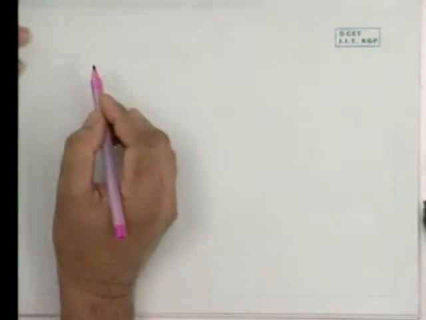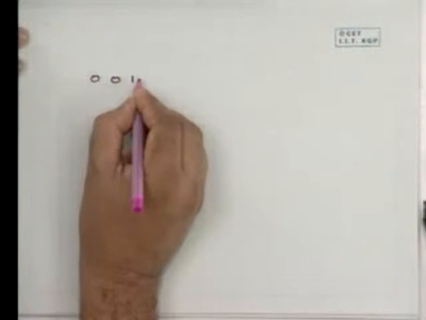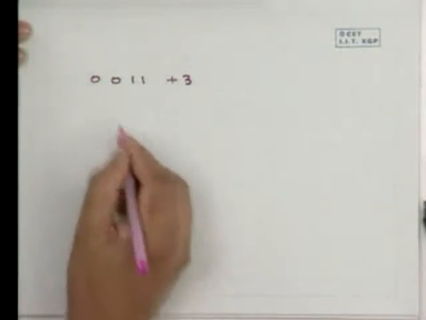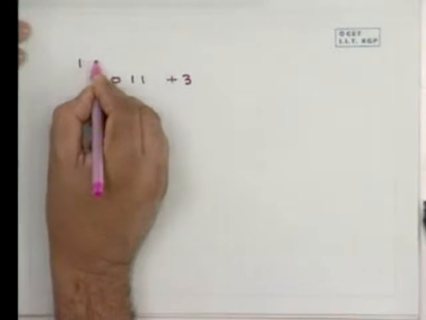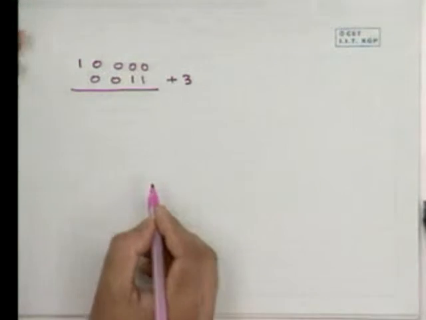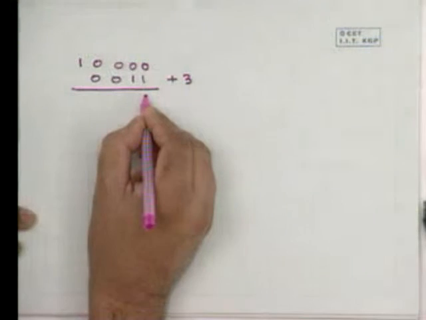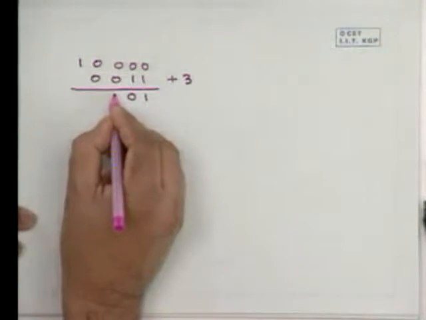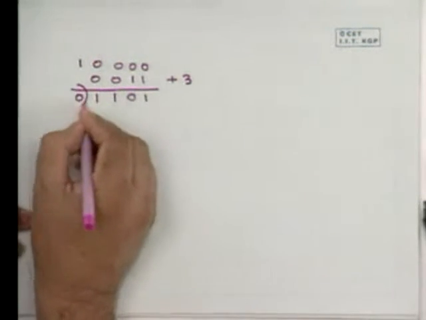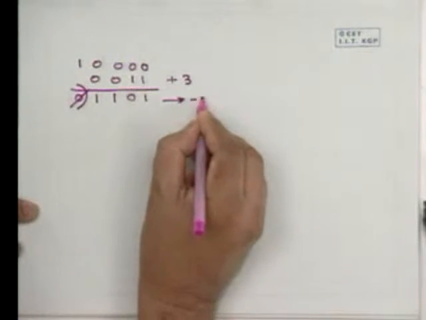Let's take another example, okay. Say we have 0 0 1 1, this is our plus 3. We want to represent minus 3, we take 1 0 0 0 0, subtract it from there, then we get 1 1 0 1, and the extra leading bit is neglected, and this is our representation of minus 3.